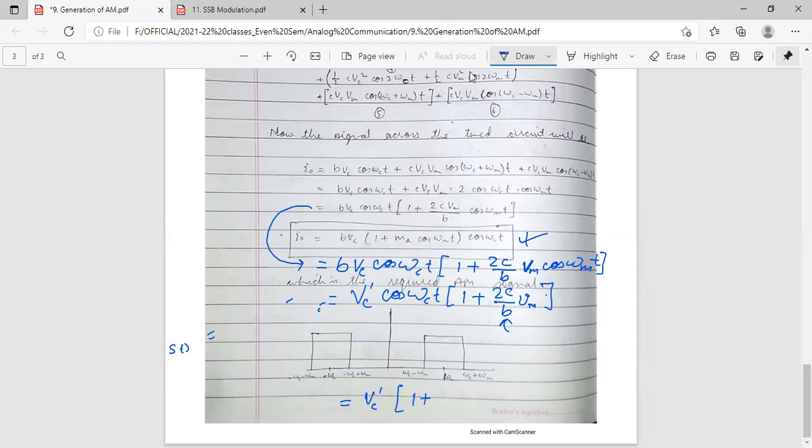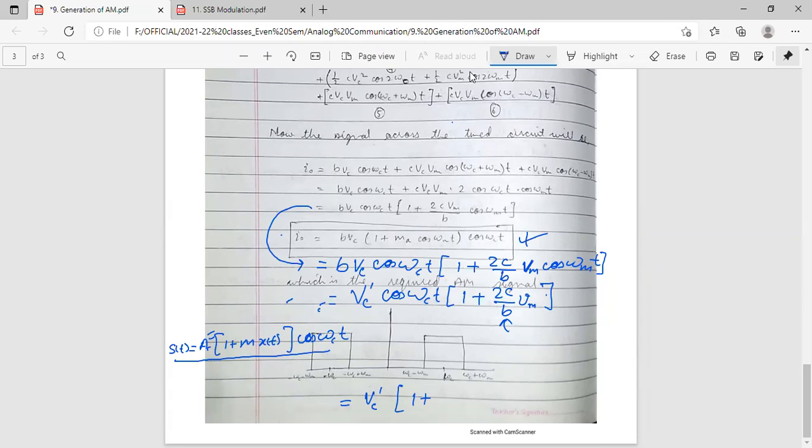st is equal to Ac 1 plus m xt cos of omega ct. So one of the forms of the amplitude modulated signal is written as this, Ac 1 plus m xt cos omega ct.